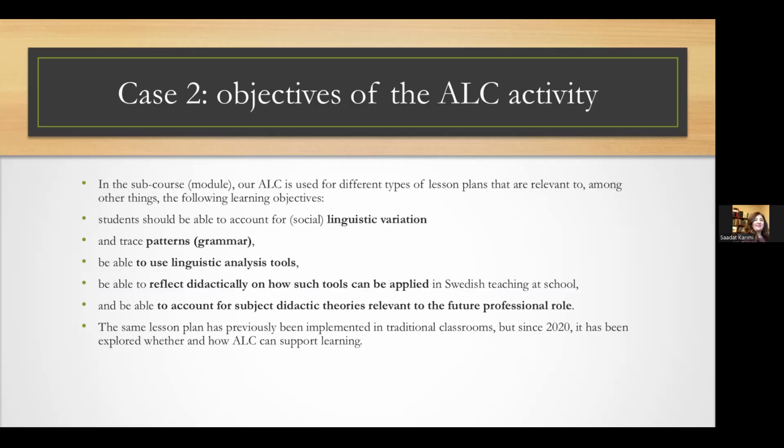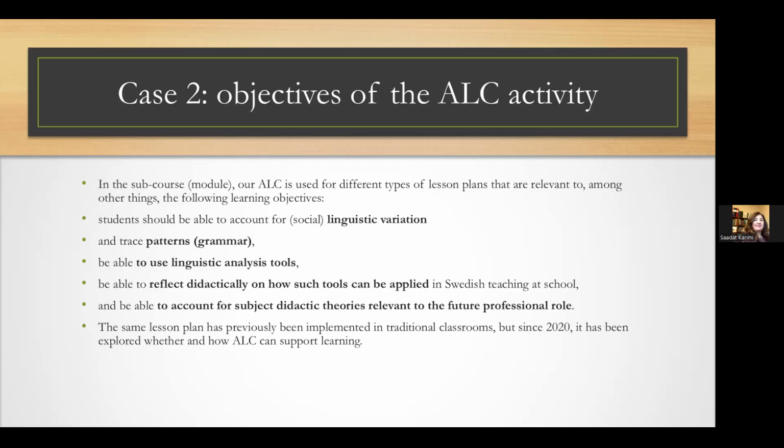In the sub-course, our ALC is used for different types of lesson plans that are relevant to the learning objectives. The learning objectives are the following. Students should be able to account for sociolinguistic variation and trace patterns.